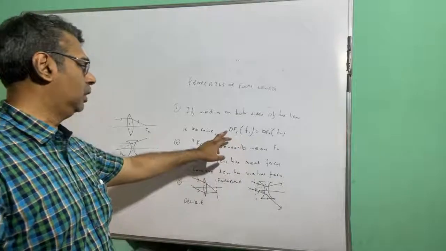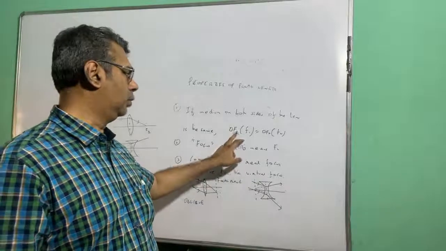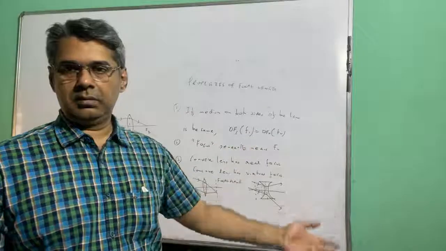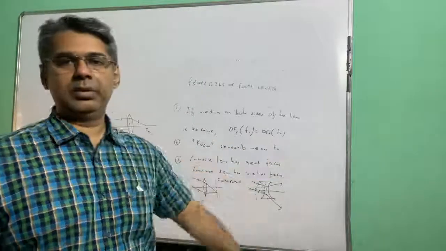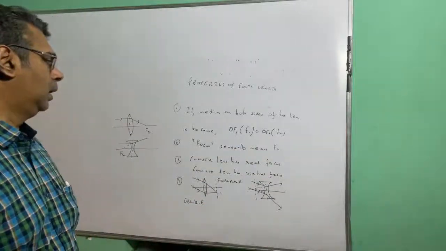So the focal length from O to F1 you can call small f1, and from O to F2 you can call small f2. Small f1 and small f2 will both be the same.